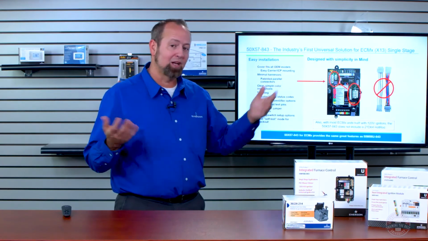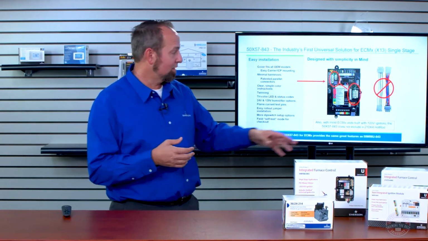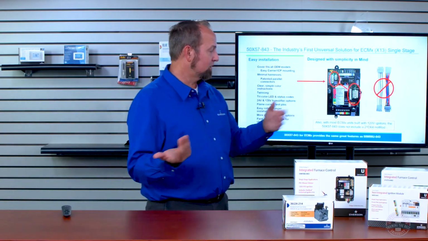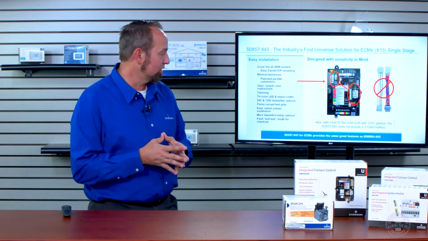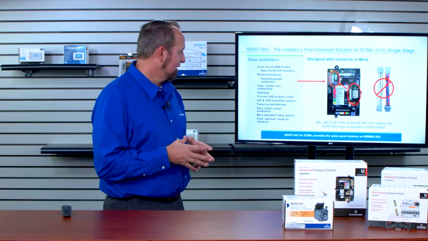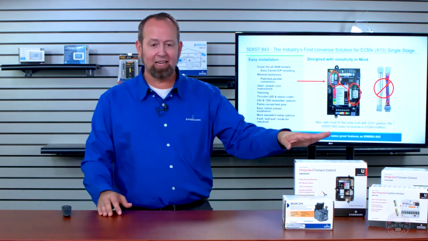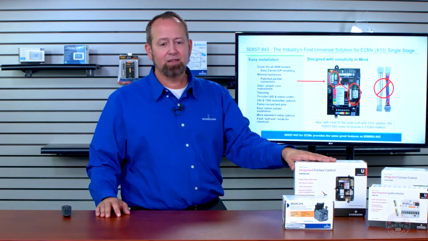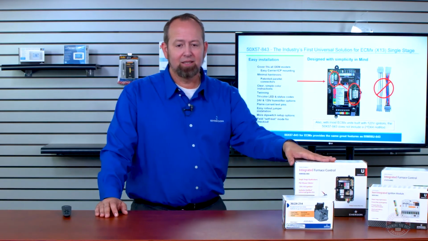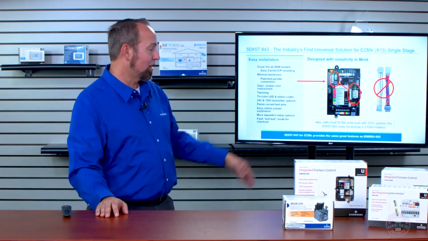This will allow you to plug in to either one, thereby eliminating a harness that's taking you from one to the other. A lot of other features here that are parallel and identical to the 50M56. This is a great product.